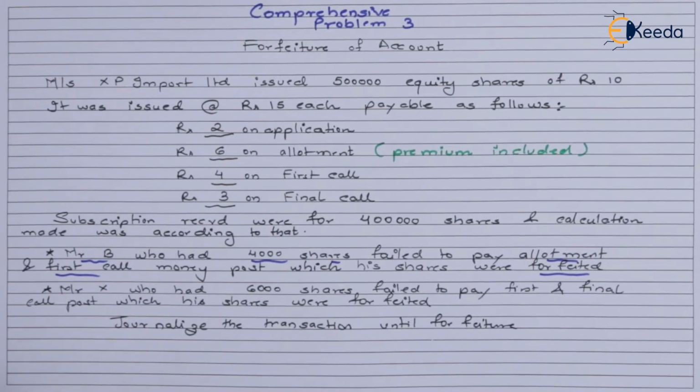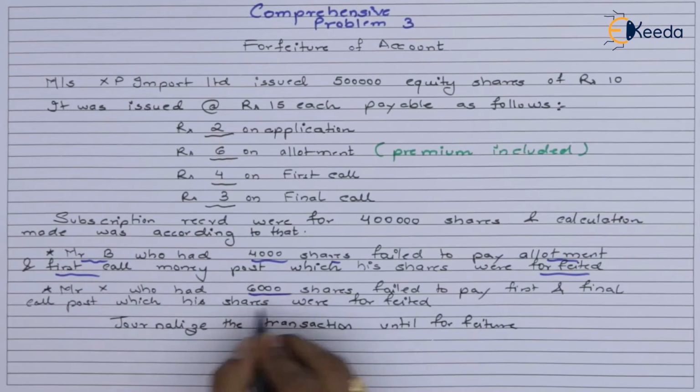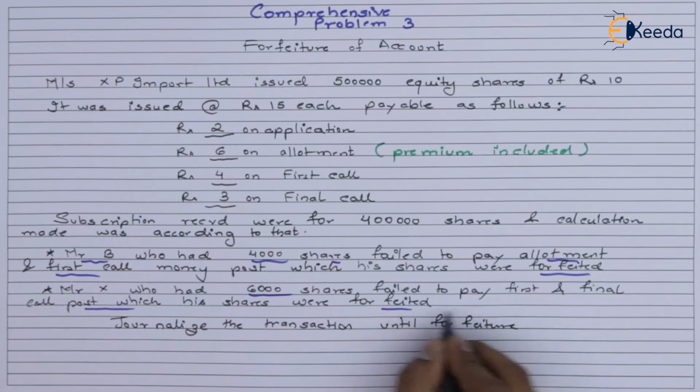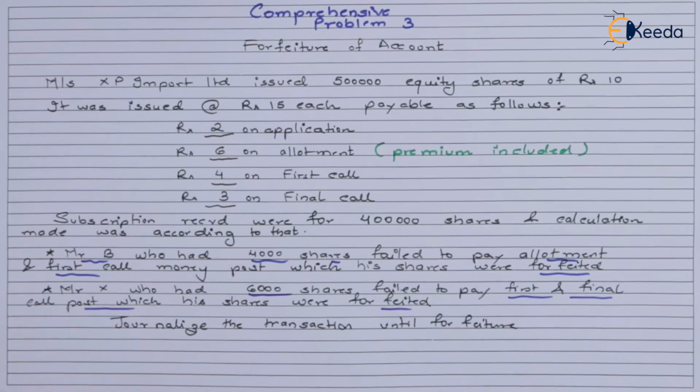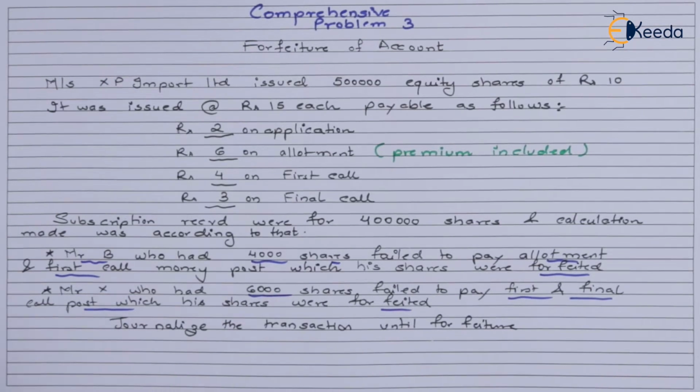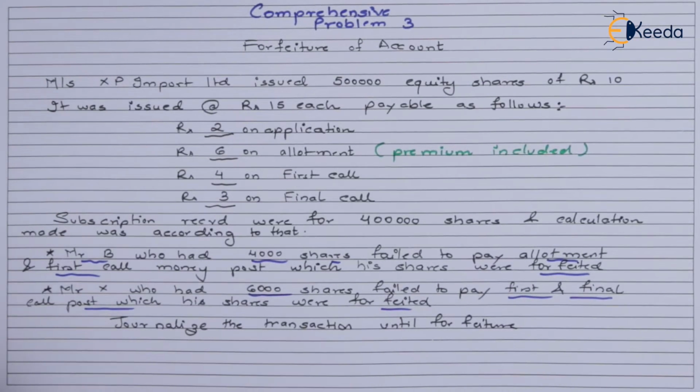On the other hand, we had Mr. X, who failed to pay the first and final call money. He had around 6,000 shares. So, after he failed to pay the final call money, his shares were also forfeited, and now we were supposed to take care only of the journal transactions here.